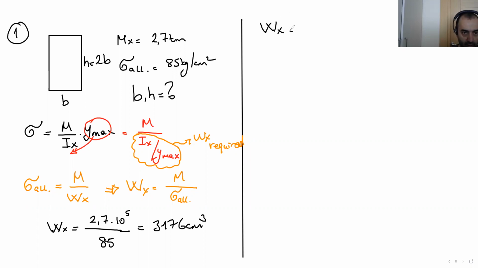Wx for rectangular sections, as you know, is B times H squared over 6. With H equal to double B, this gives us 4b cubed over 6.